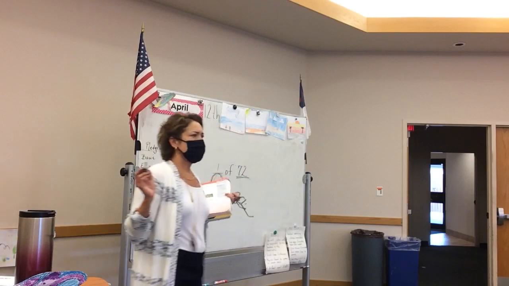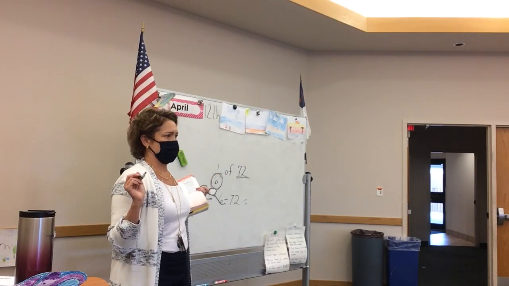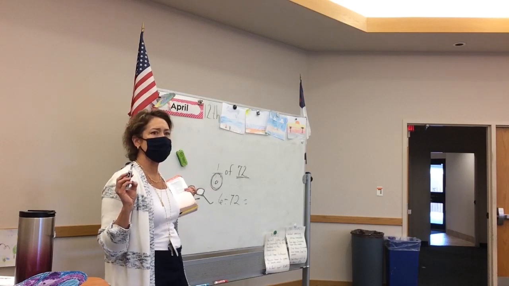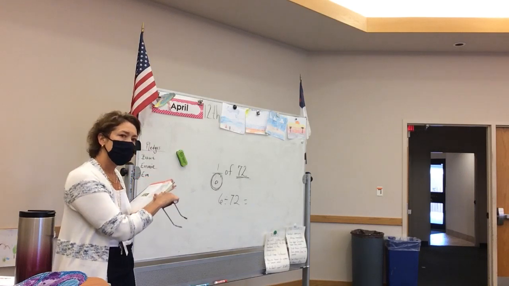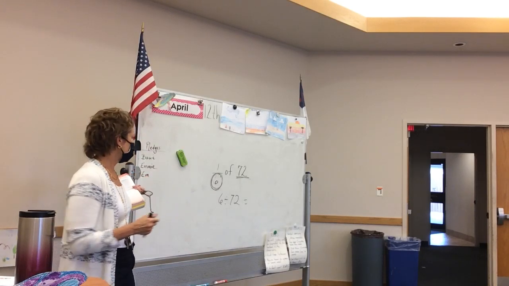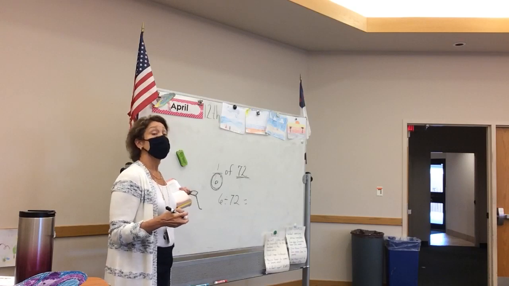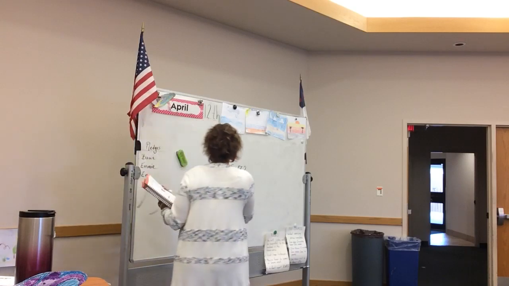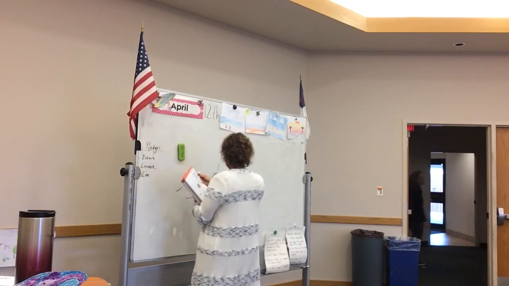No. Why is it not correct? Why did I not write that correctly, Emma? The 6 is a number that's... Bingo. Remember with division and subtraction, the larger number has got to be first.